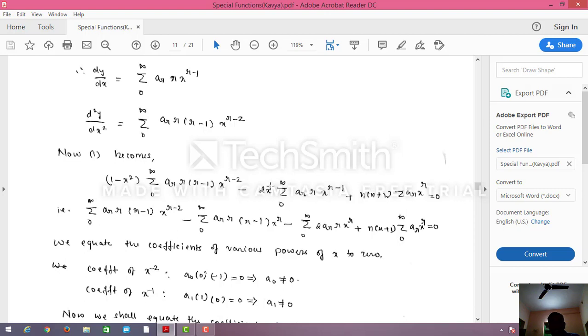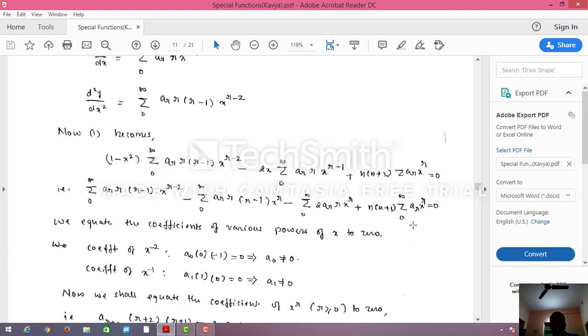Next, multiplying x into x power r minus 1 gives x power r. Now multiplying 2 into ar into r into x power r, plus n into n plus 1 into summation of r equal to 0 to infinity ar into x power r equal to 0.